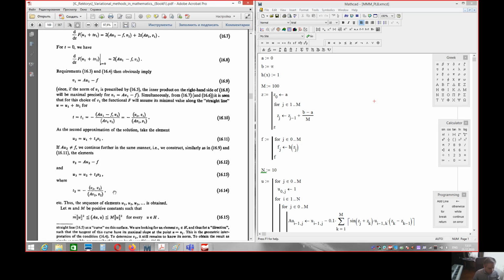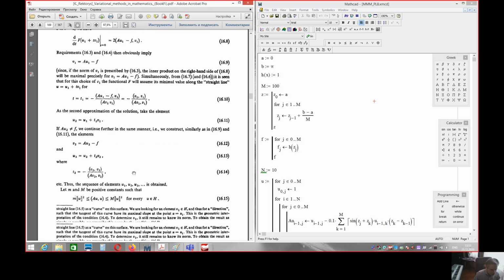And that's all on the basics of this method.